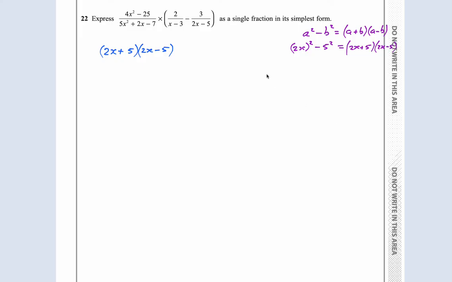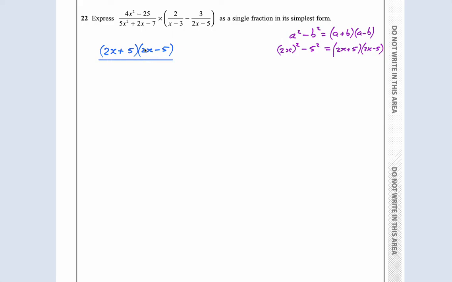Do not write in this area, guys. Look, watch this. There we go. Okay, that's that numerator.